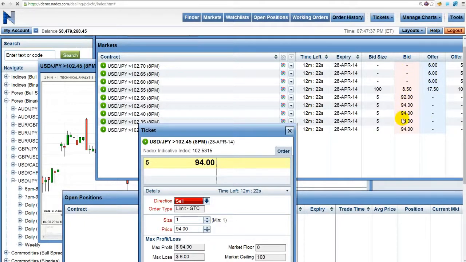If I'm selling, the bid price is my max profit on the trade. So that minus $100 would equal my max loss. So $94 minus 100 would be -6. Max loss $6. So if I sold for $94 and I wanted to make $6, what would I buy back at? $88. There you go. Okay?